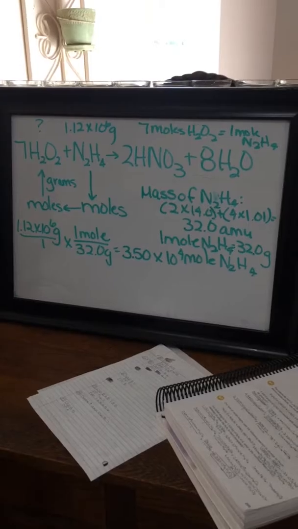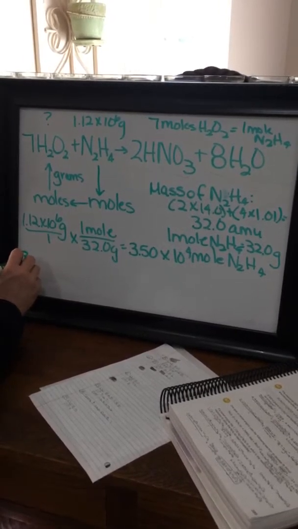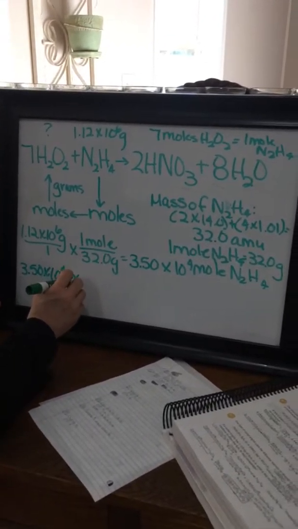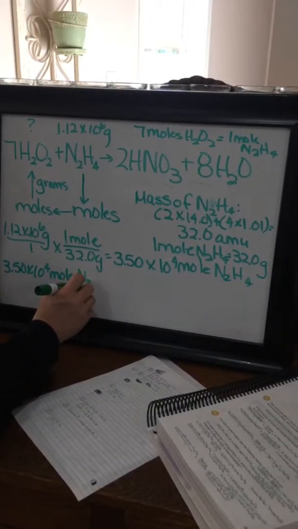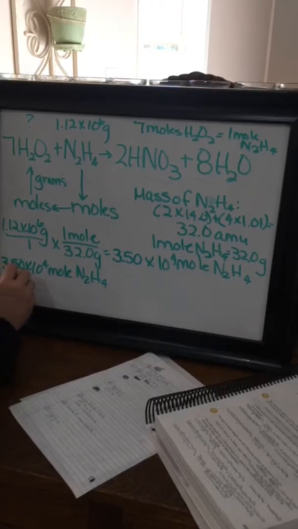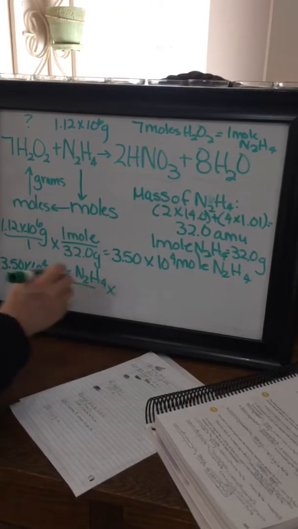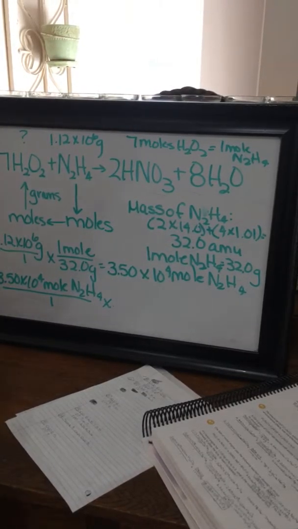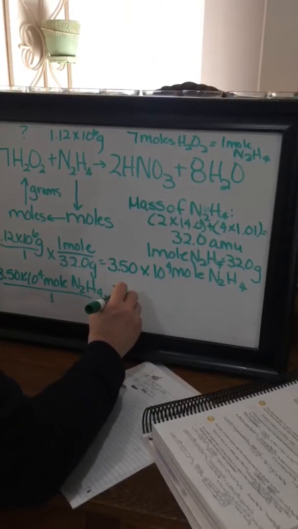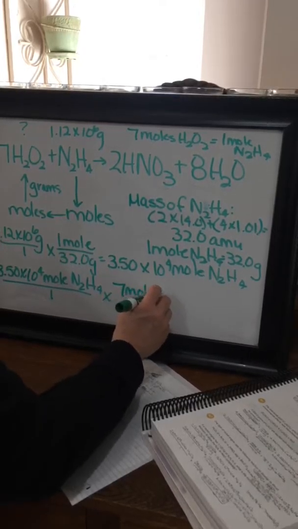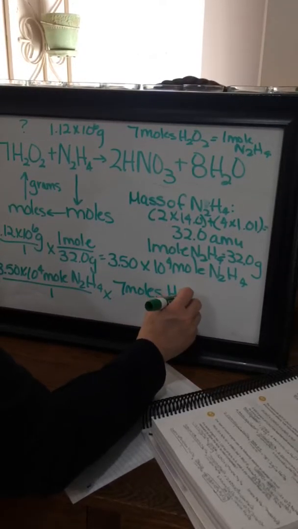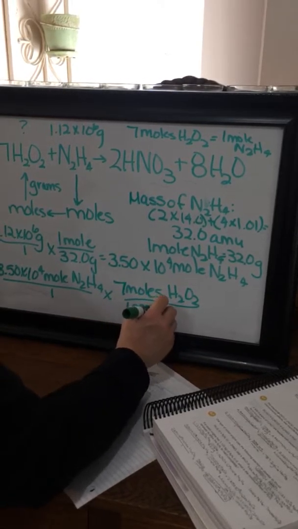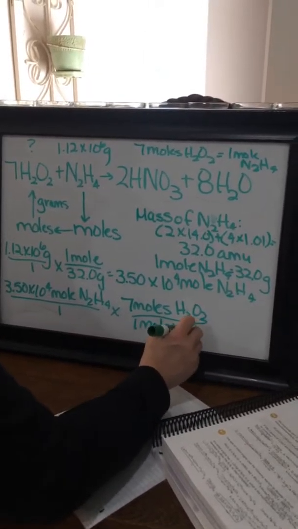So now we're trying to make the relation between the two in moles. We have 3.50 times 10 to the 4th moles of N2H4. I'm going to use my conversion factor, because I'm trying to change to H2O2: 7 moles of H2O2 over 1 mole of N2H4.